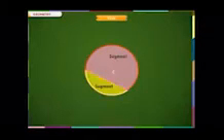A region in the interior of a circle enclosed by an arc and a chord is called the segment of a circle. The yellow part and the pink part both are the segments of the circle. The yellow part is the minor segment as it is made up of the minor arc, or the shorter arc, and the chord, whereas the pink part is called the major segment as it is made up of the major arc, or bigger arc, and the chord.